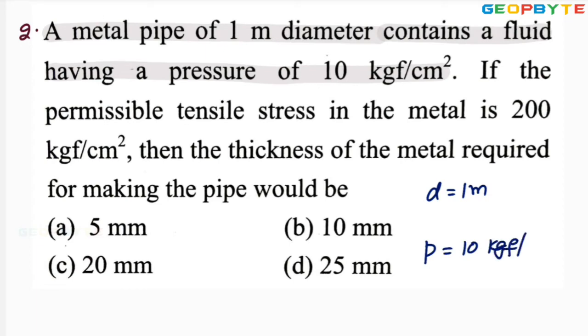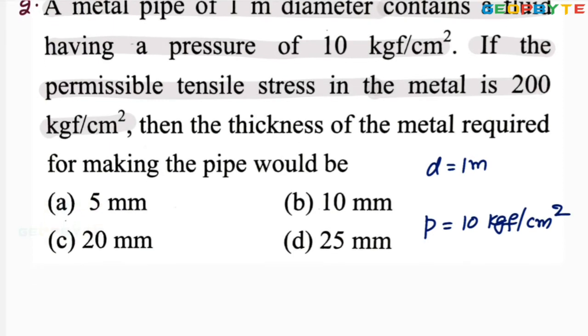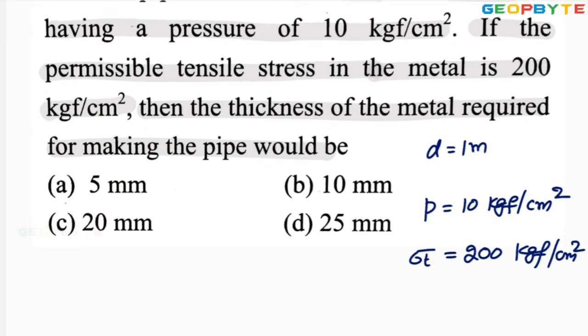If the permissible tensile stress in the metal is 200 kg force per cm square. Here tensile stress sigma T equal to 200 kg force per cm square. Then the thickness of the metal required for making the pipe would be, you are asked to find the thickness of the material required.